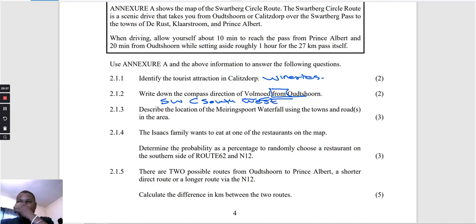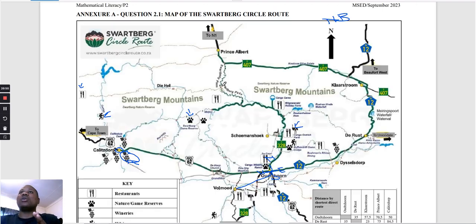Then they say, describe the location of the Marine Sport waterfall using the towns and the roads in the area. Where is it located? Let's look for that. When you look at the Marine Sport waterfall, it is on the right-hand side, on the eastern side. But they say we must use the towns and the roads. So first, there is the position of that place.